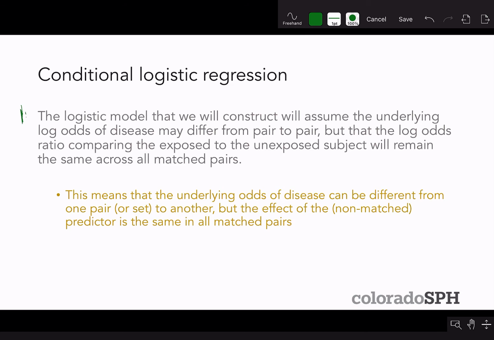And this means that the underlying odds of disease can be different from one pair to another, but the effect of the predictors of interest is the same in all matched pairs.